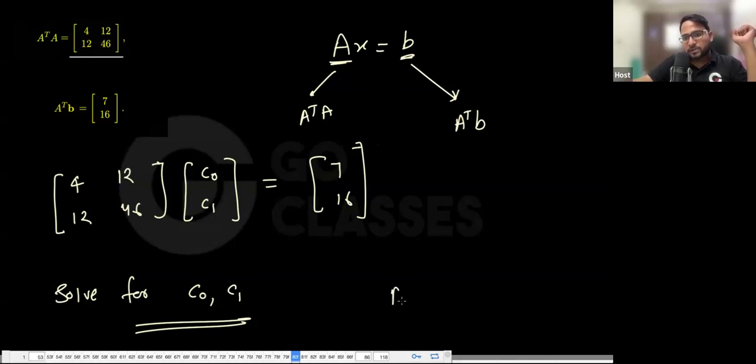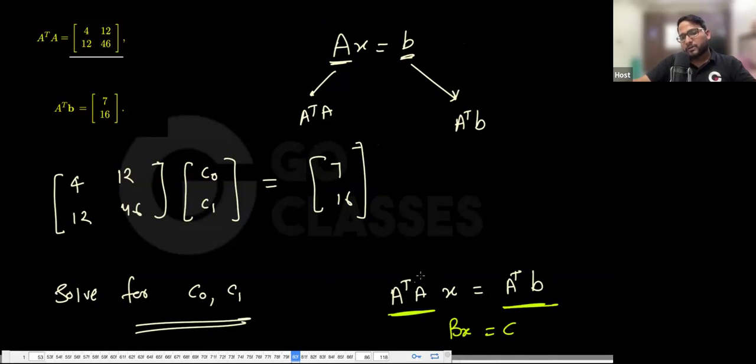I'm saying that if the earlier one is not solvable, that's okay. But instead, A transpose A into X equal to A transpose B is solvable. At the end of the day, this is also some matrix into X equal to some vector, right? It is also Bx equal to C. So this is also a system of linear equations, but I'm saying you don't need to worry whether the earlier one is solvable or not.